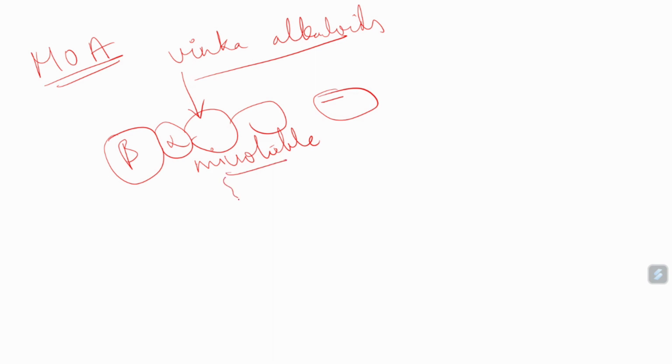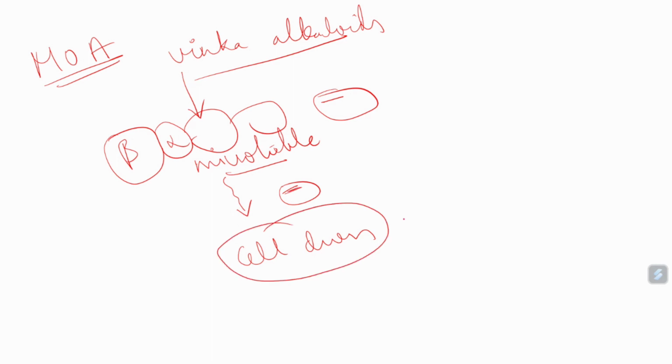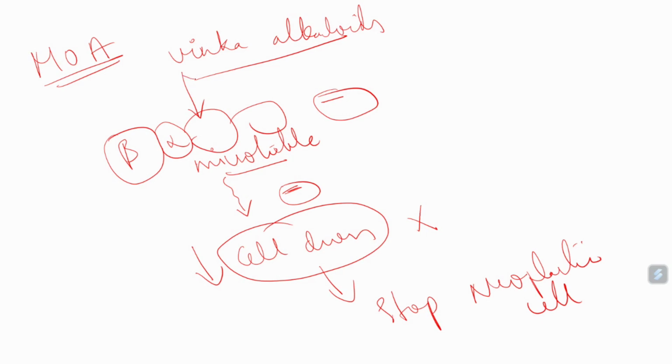When microtubule formation is inhibited, the cytoskeleton is not formed, and the cytoskeletons are very important in cell division. So in the absence of microtubules, what will happen? Cell division will be stopped. There is no cell division, and due to decreased cell division, the neoplastic cells will not perform cell division, and we can stop the proliferation of neoplastic cells. So this is the mechanism of Vinca alkaloids.